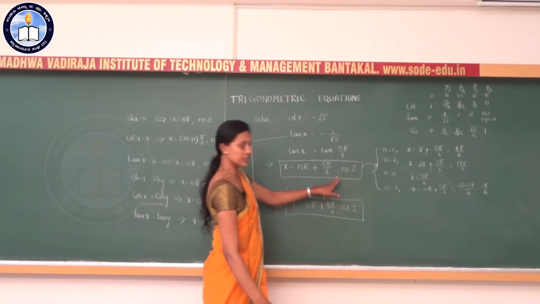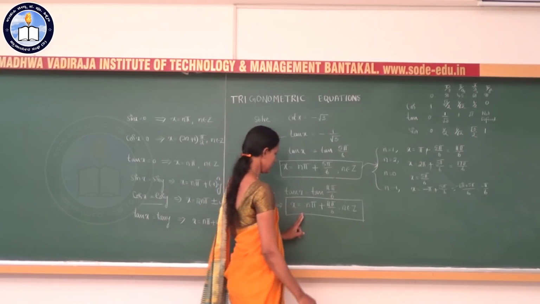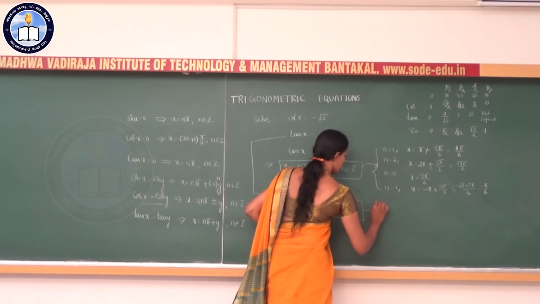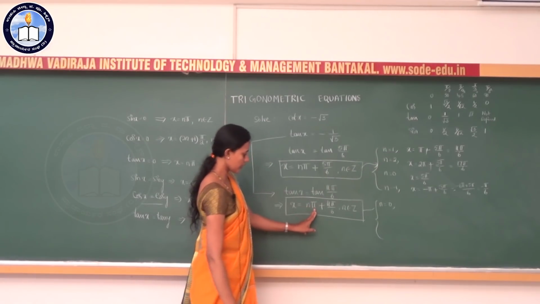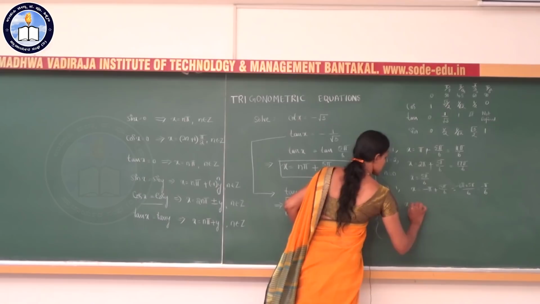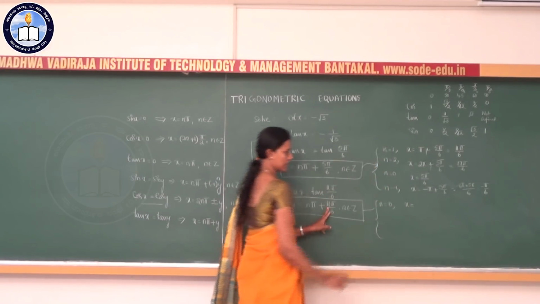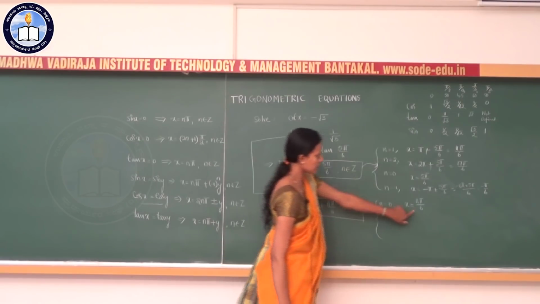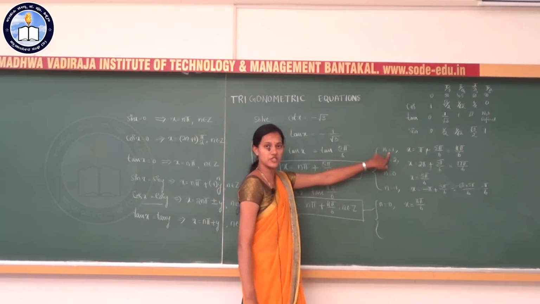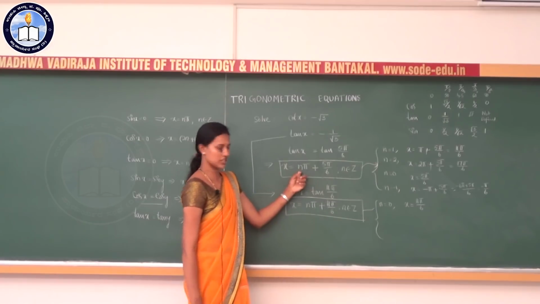What if I consider the second case? In the second statement, if we substitute n as 0, it is 0 into pi, which is 0, plus the second term 11 pi by 6. The same we get when we substitute n is equal to 1 in the first expression.